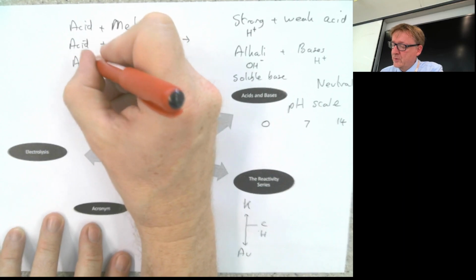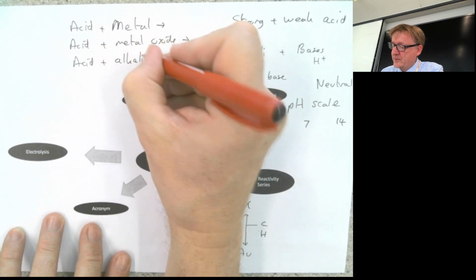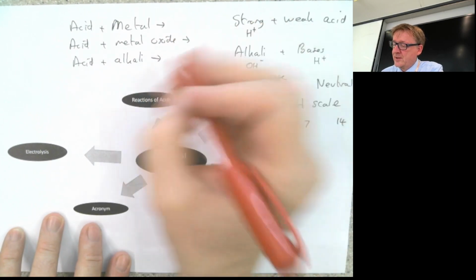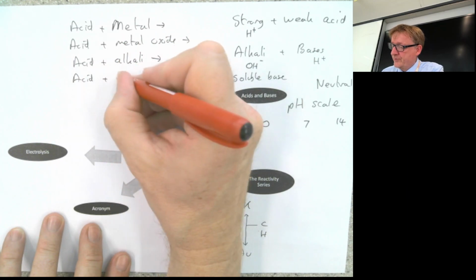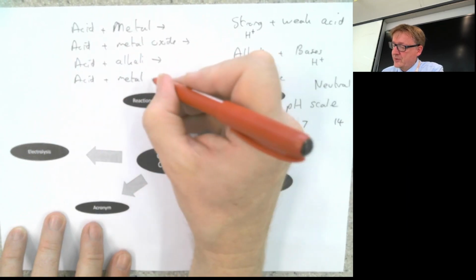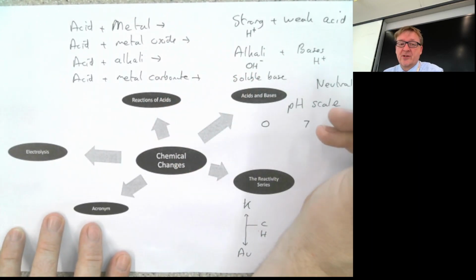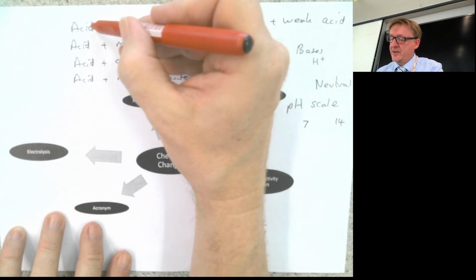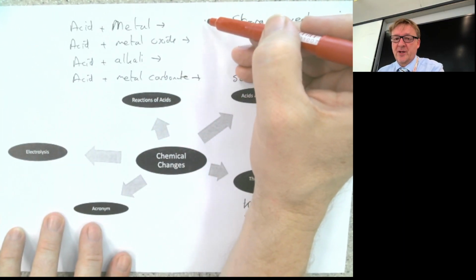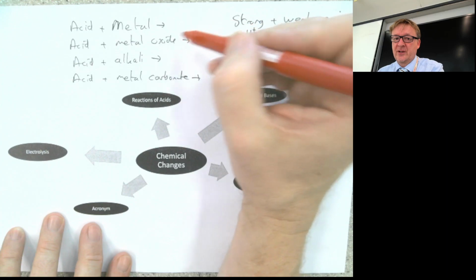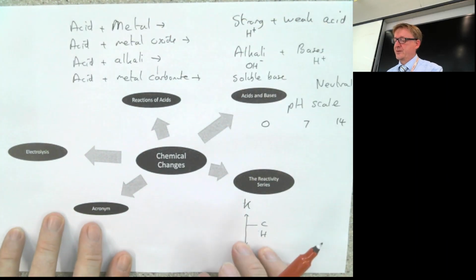You need to know what happens when you react an acid with an alkali. And the last one is what happens when you have an acid and a metal carbonate. In your exam, they could write down the name of an acid and the name of a metal, and ask you what is made on this side. So you need to know the products of each one of these 4 reactions.